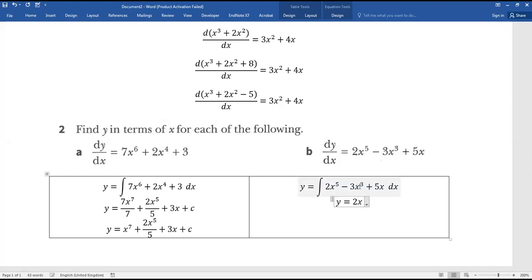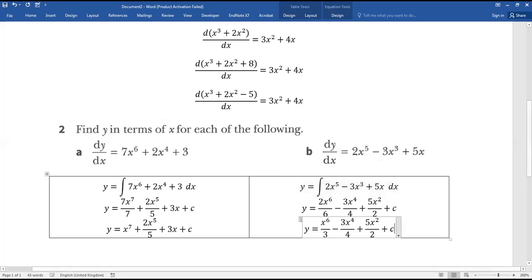So how will I get y? 2x to the power 6 upon 6 minus 3x to the power 4 upon 4 plus 5x square upon 2 plus c. So y is, you just simplify it for your own ease, because if you need to use it in future, you must have a simplified integral or function. Is this clear? Yes, sir.